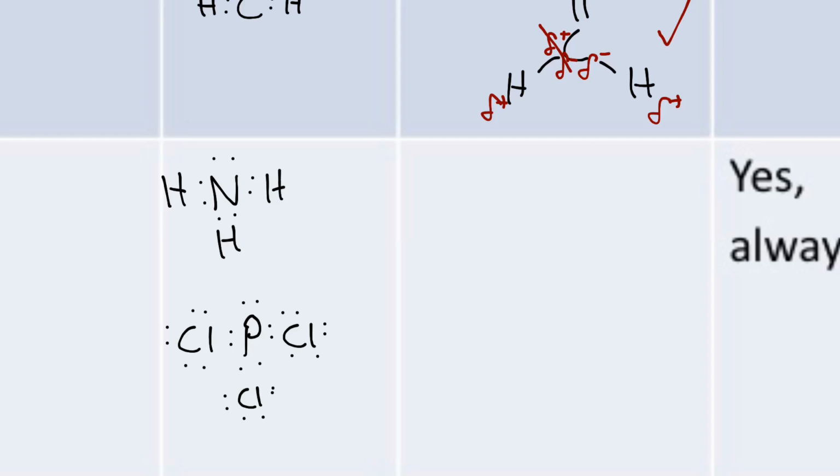Now the three-dimensional shape, we finally get into something a little bit different. Because this is making a three-dimensional shape in multiple planes, we have to treat this a little bit differently. So in order to draw this 3D shape, we have our nitrogen and we have our hydrogens kind of placed like this. Now let's say the two hydrogens on the outside are kind of like the two base corners in a pyramid.